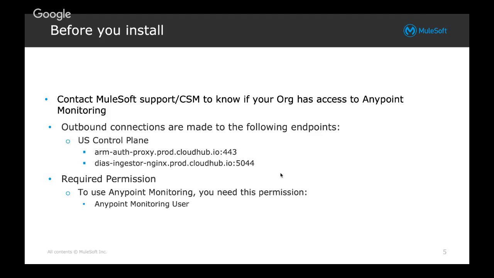So make sure that from the server where you have your runtime running, these hosts, IP addresses and ports have enabled access, right? In particular, I've seen challenges with port 5044, which is a specific Filebeat port that is being used. Most of the time we see 443 is enabled, but 5044 is not.